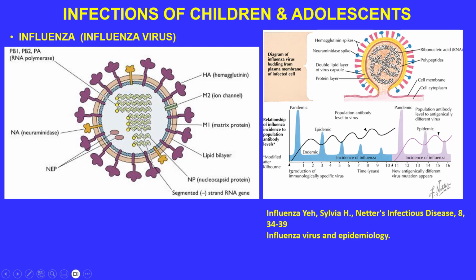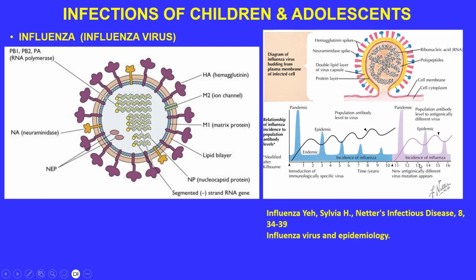And at the same time, you've got this wiggly line here, population antibody level to virus. What scientists have come to understand is that if you have a serious flu pandemic, it's roughly about 20 years, okay? And when it comes, a lot of the population doesn't have the antibodies prepared for them.